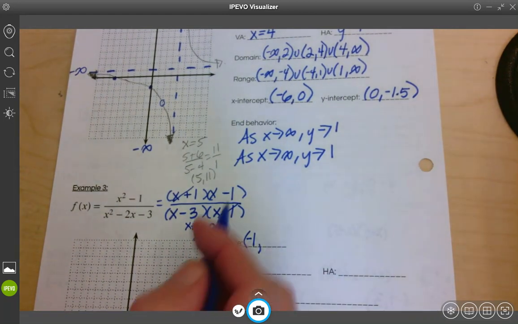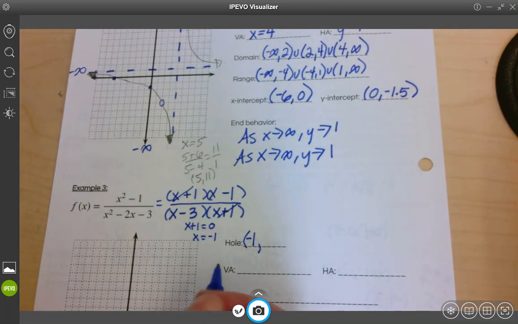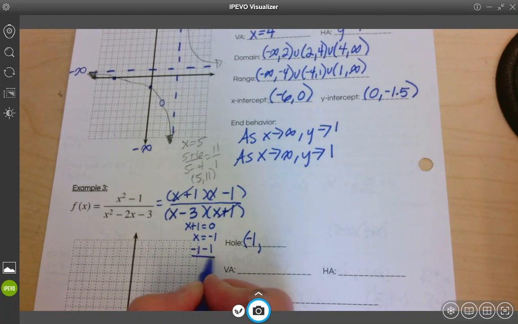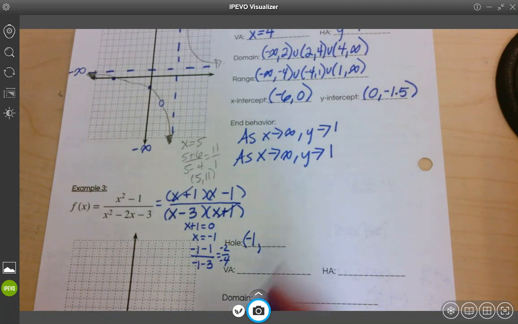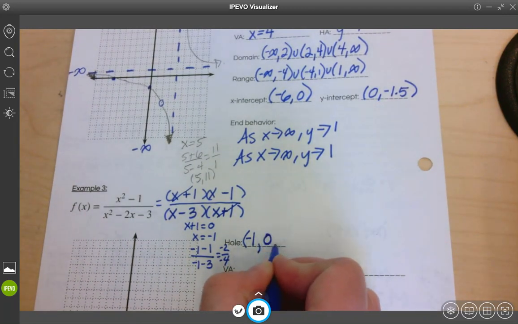Then I have to substitute that back in to find the y of the hole. So -1 minus 1 over -1 minus 3, -2 over -4, which is 0.5. So your hole is at (-1, 0.5).